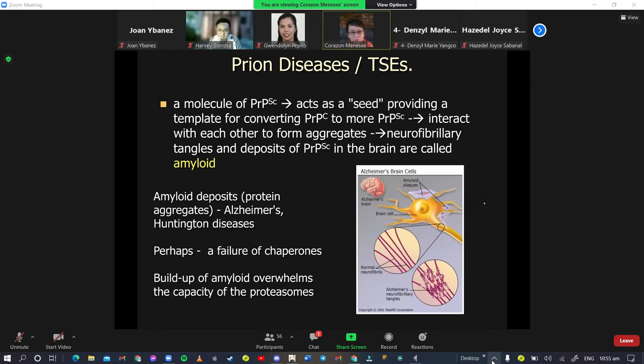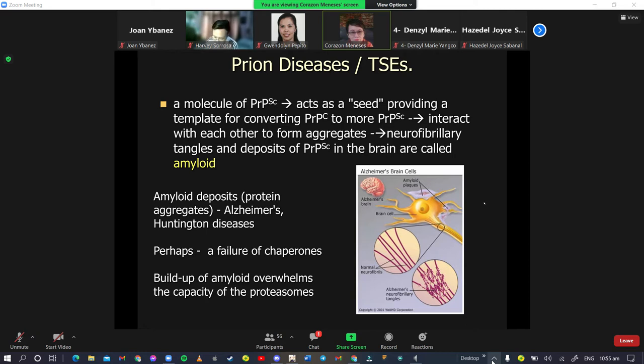What happens is that if there is a molecule of the abnormal protein, it becomes the seed that provides a template for the normal protein to be converted into more abnormal protein. So they can form aggregates and neurofibrillary tangles.